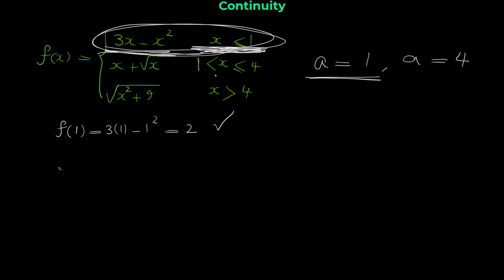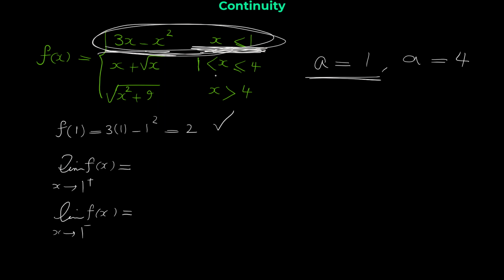Now we have to check the limit of this function when x approaches 1, once from the right, once from the left. And you know why I am doing the limit like this? Because I cannot find the limit right away, so I have to find the right and left limits separately.